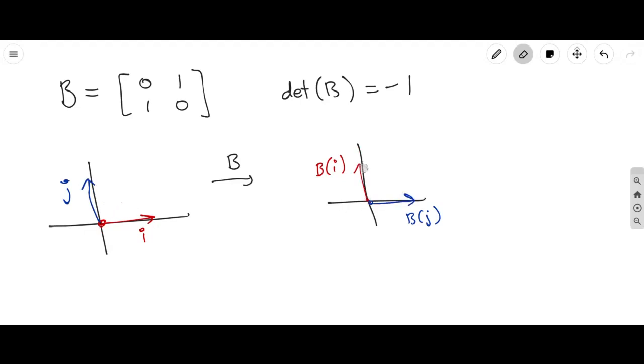But now, if you put the edge of your right hand aligned with the red vector, the fingers cannot reach J. So you will have to align your right hand so that the thumb points away from you, and then you can make your fingers curl to the other vector. So therefore, the orientation gets reversed. So that's just a little bit of linear algebra.